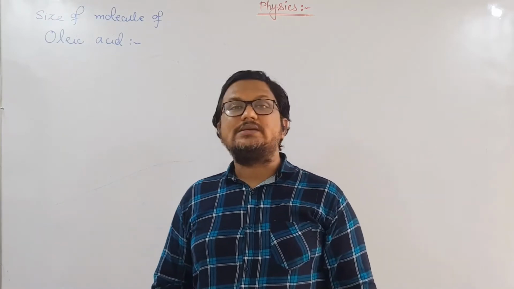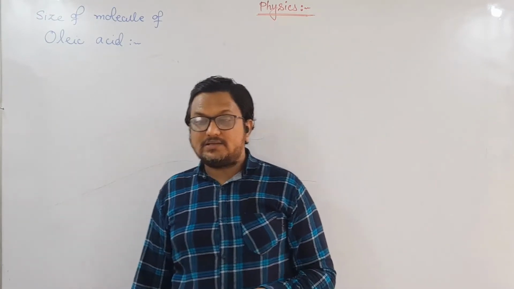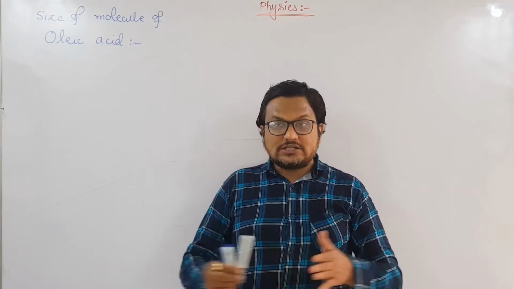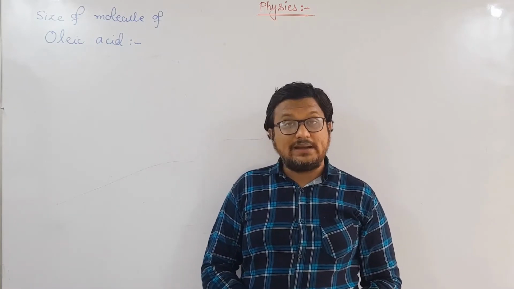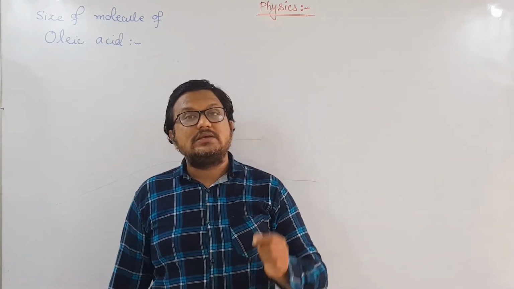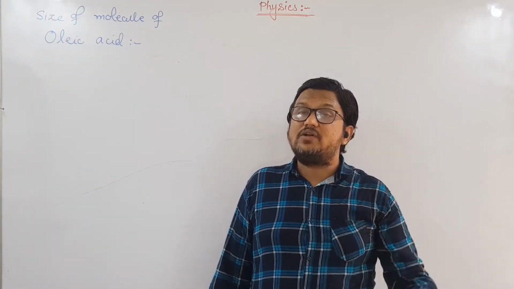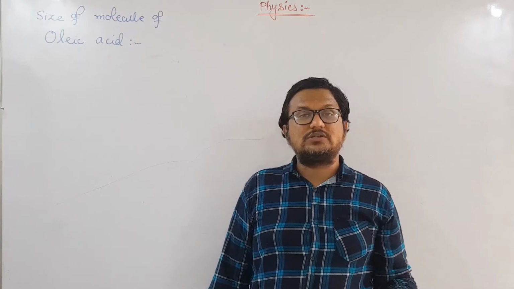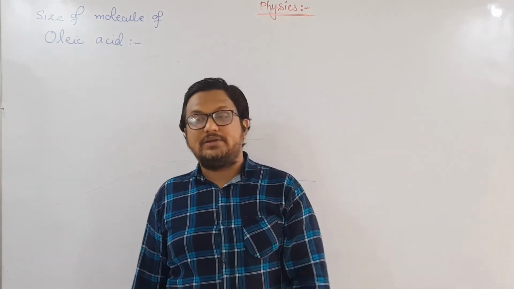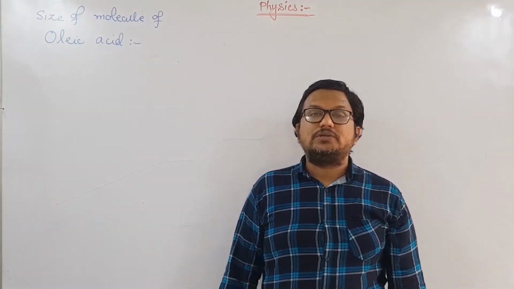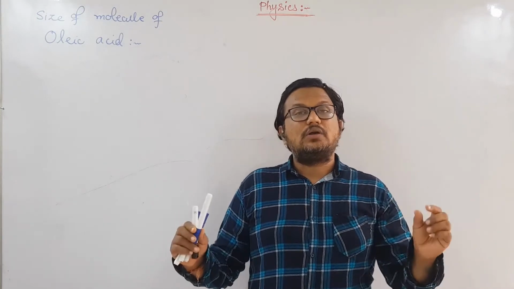Now what is oleic acid? Basically, oleic acid is a soapy liquid with a large molecular size of up to 10 raised to minus 9 meter. The diameter of molecules of oleic acid is approximately 10 raised to minus 9 meter. The basic idea is we want a monolayer.